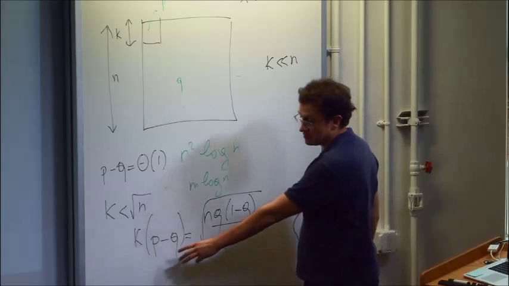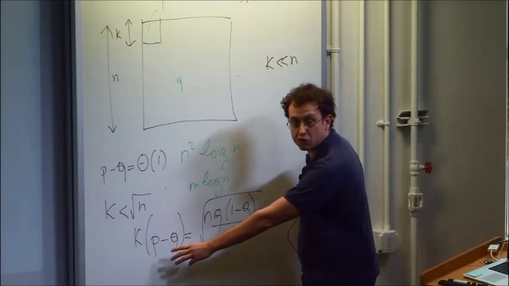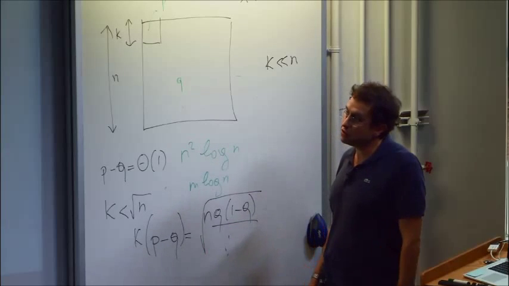Can we get below this threshold, either with p minus q of order 1 or p minus q smaller?